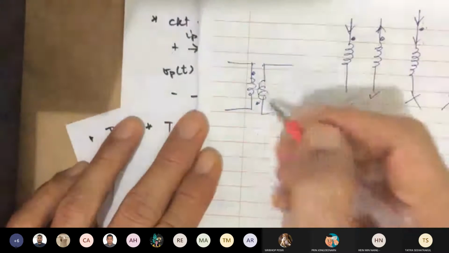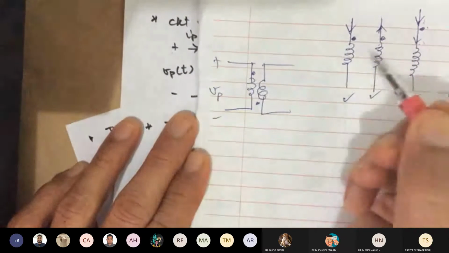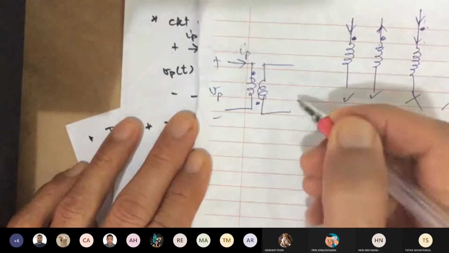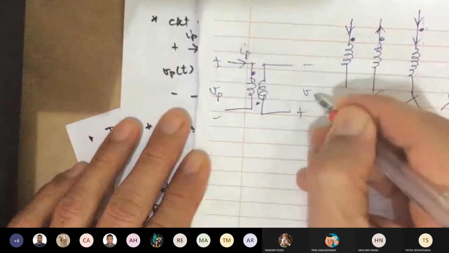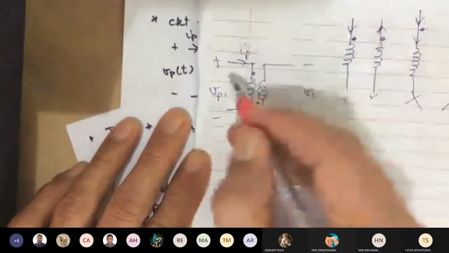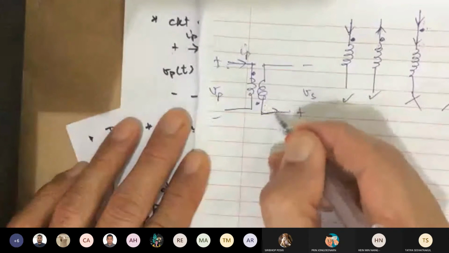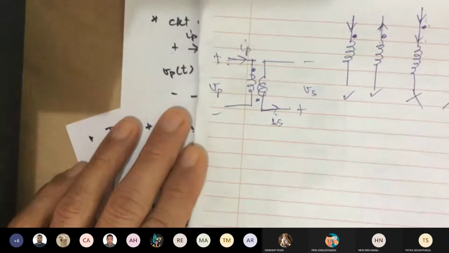So when I analyze the circuit, I know right now here is VP. What happens to the relationship? If that's the positive dot, then positive here, negative there, that's VS. And then current flows in on the primary, then it has to flow out. So this is my IS. So you see how that works.